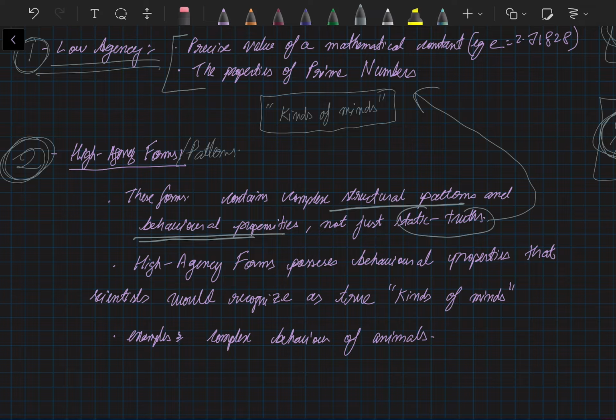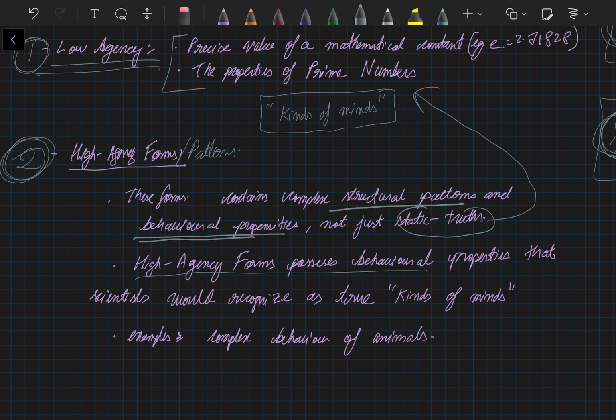So high agency patterns possess the behavioral propensities that scientists would recognize as kinds of minds, as something that we call living. So when these high agency patterns ingress into the physical body, they act in a certain way which we look at and identify as life. We see it and say, okay, this thing is alive.